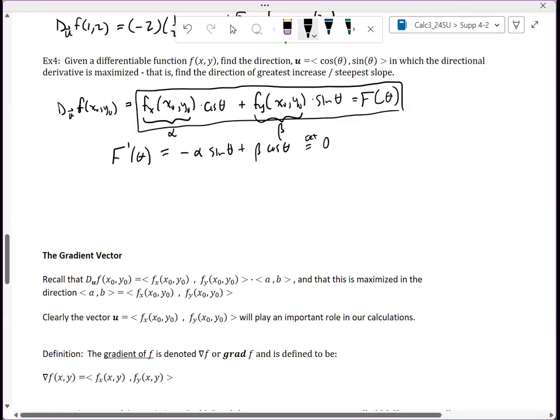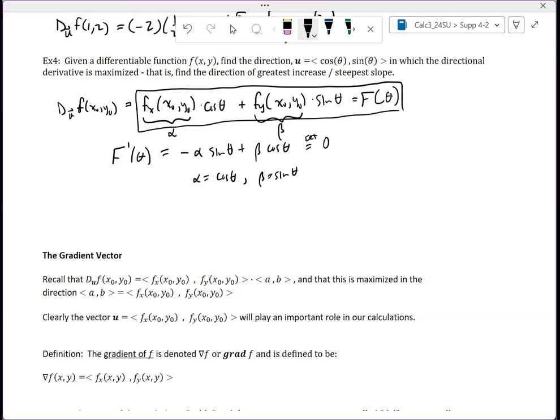And I'll set this equal to 0, look for critical points, and I see I get a critical point when cos theta equals alpha and sine theta equals beta. When I put in alpha here and a beta there, I have minus alpha beta plus alpha beta is equal to 0. That's the critical point I found.